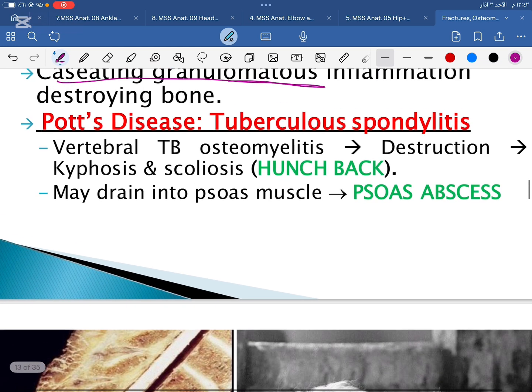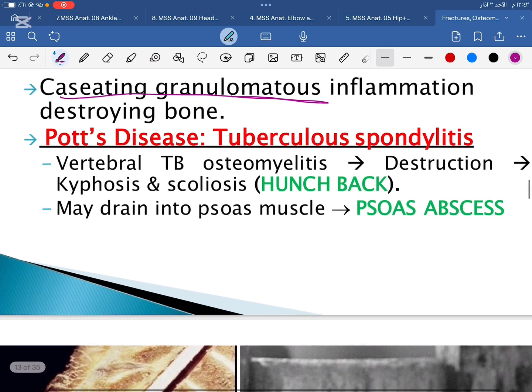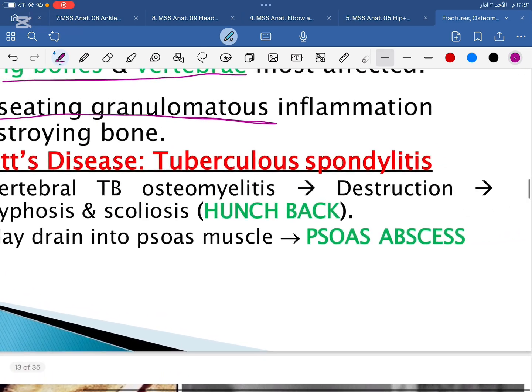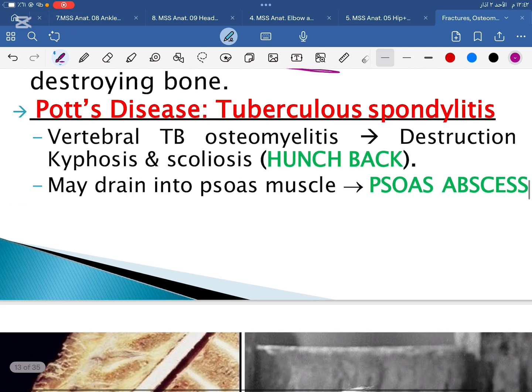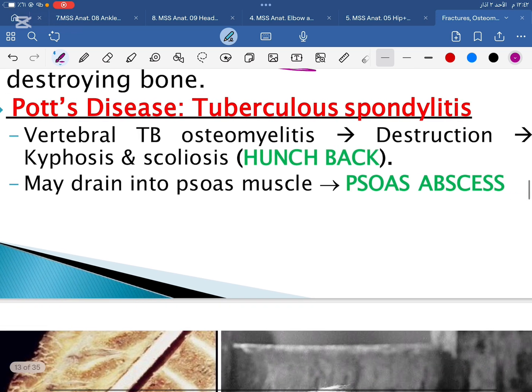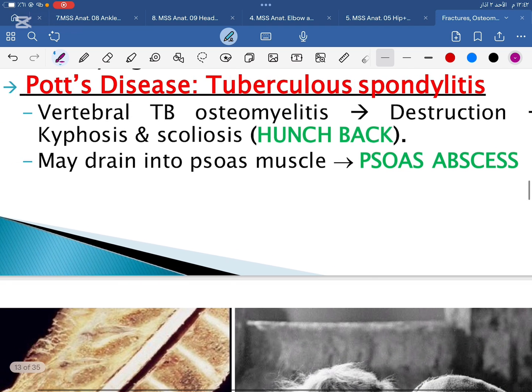Destroyed bone as well. Now Pott's disease is tuberculous spondylitis, vertebral TB osteomyelitis. It will lead to destruction of the vertebrae.